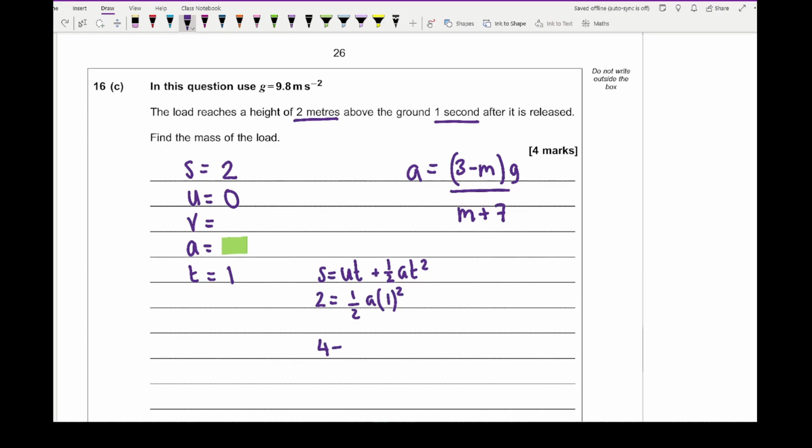So a is equal to 4. So now we have a value for a, which is 4. We can use that as part of this substitution. So we can replace the a in this case with now 4, so our value for a.